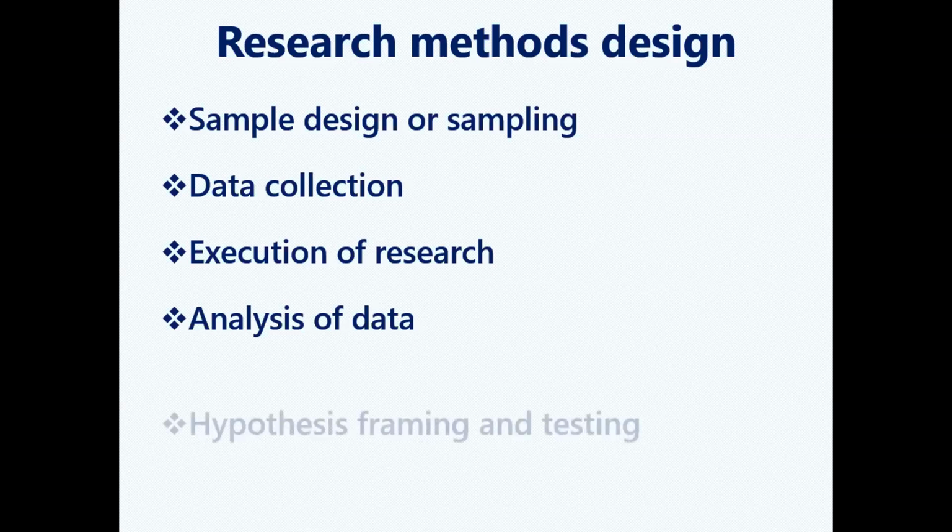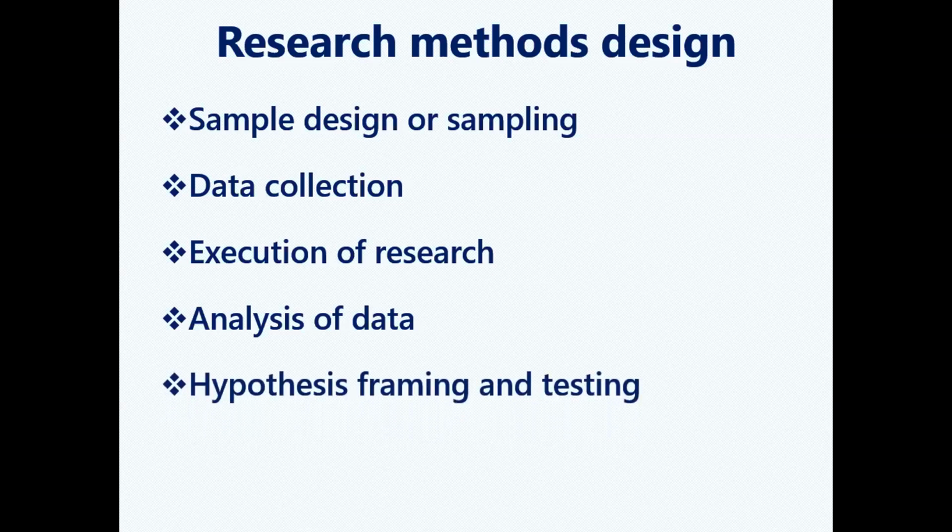Okay. Next is the hypothesis framing. Now, the hypothesis framing actually helps when you have to apply Z, T or ANOVA, because you have to test your method, or find whether the data collected from the method is important, or significantly different, or experimentally positive or not.